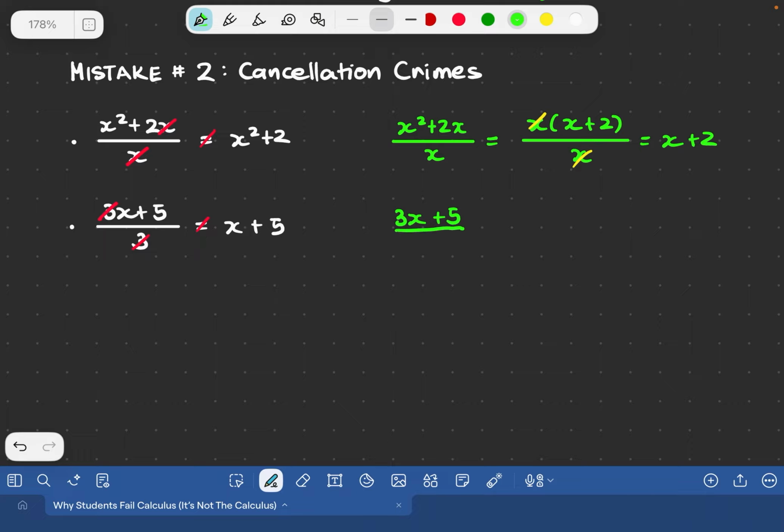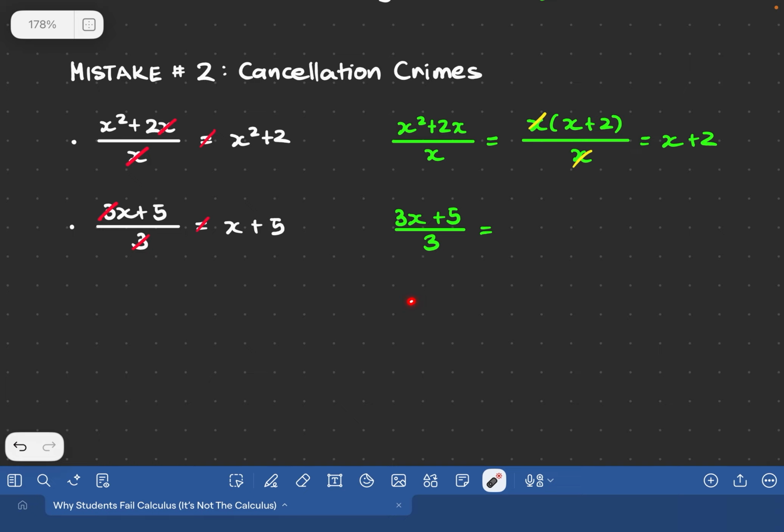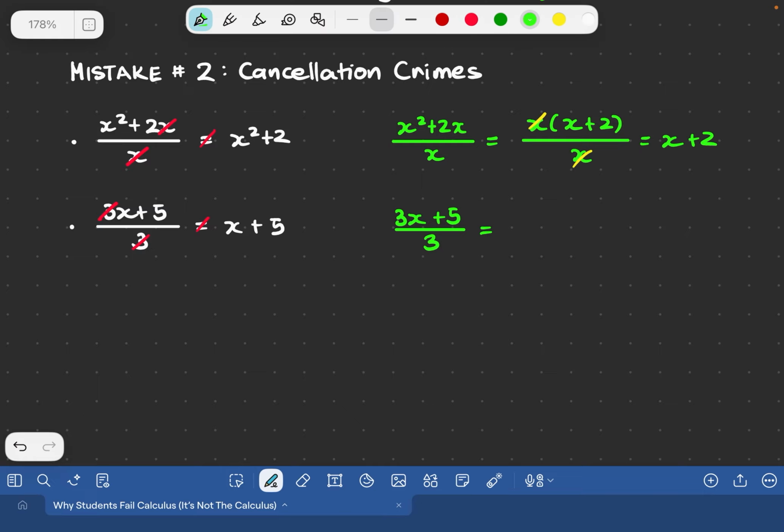So let's write it down. 3x plus 5 over 3. To do this, take note that when you have a rational expression of, say, a plus b over c, you can write this one as a over c plus b over c. So you can split based on the numerator but not on the denominator like earlier.